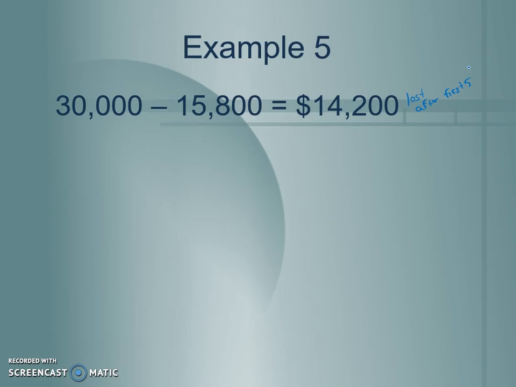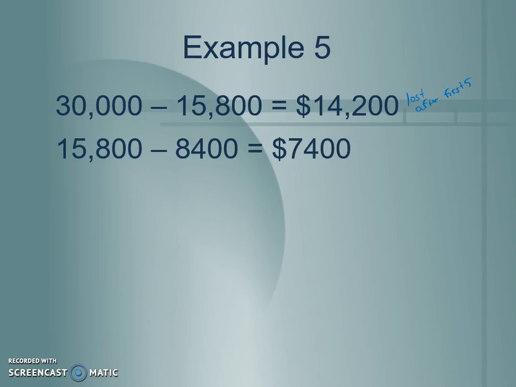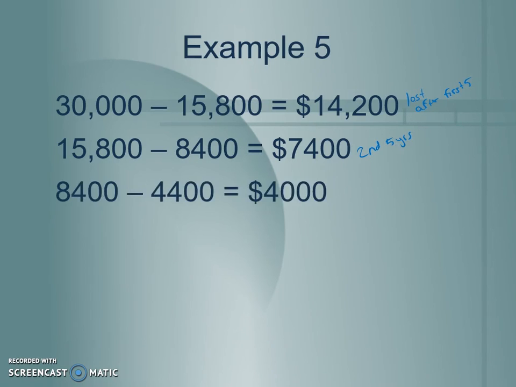Then we went from 15,800 to 8,400, so it was a loss of value of $7,400 after the second 5 years. And then we went from 8,400 to 4,400, so we only lost $4,000 in the third set of 5 years.